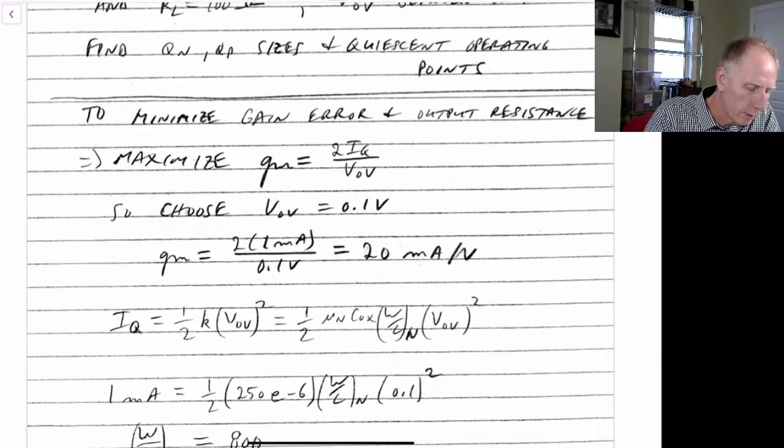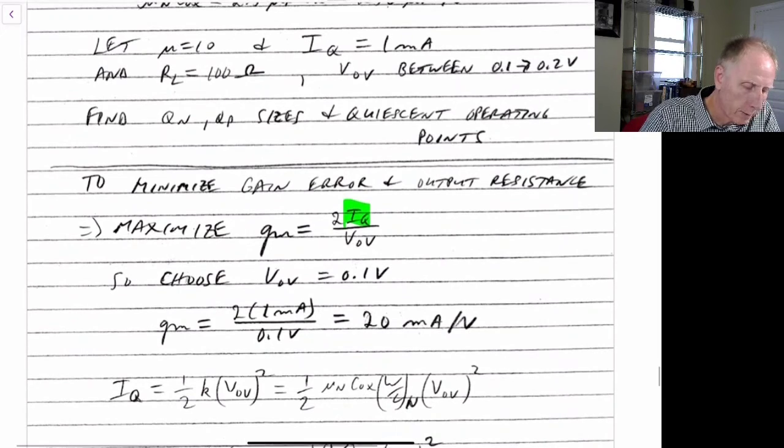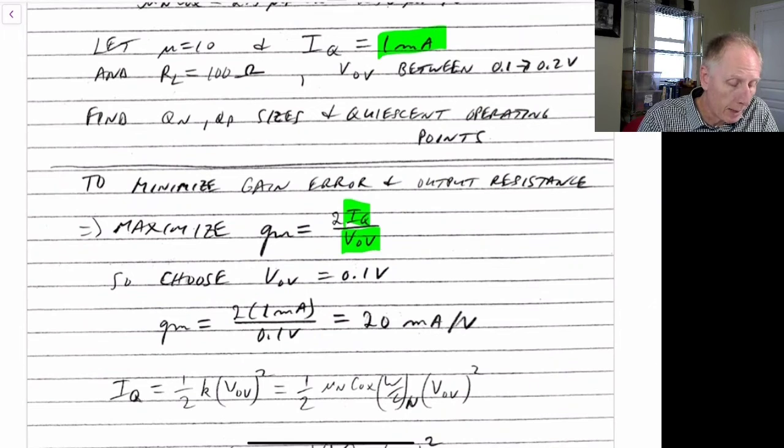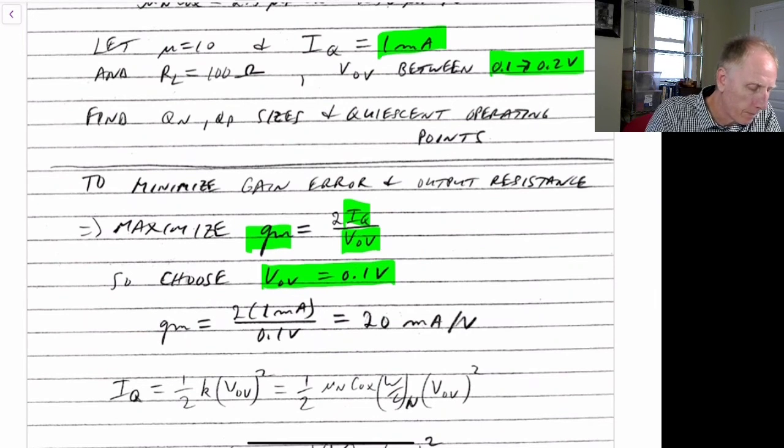IQ was given to us as 1 milliamp, so all we can really adjust is V overdrive. So if we want to maximize GM, we want to minimize V overdrive. We were given a range of the overdrive voltage, so we want to choose the smallest amount. We want to choose V overdrive equal to 0.1, so GM is maximized.